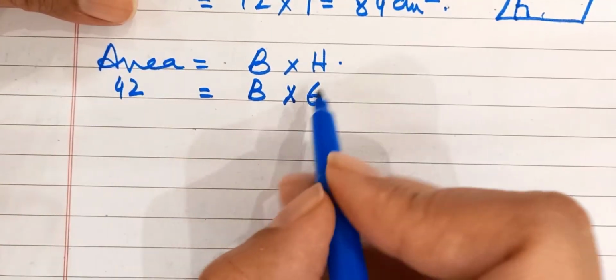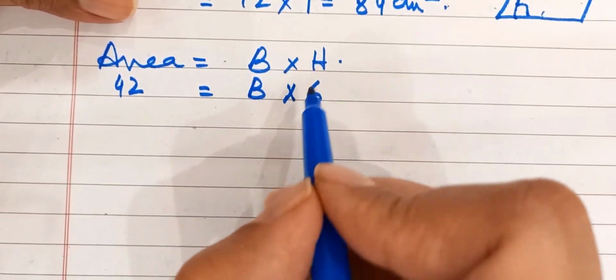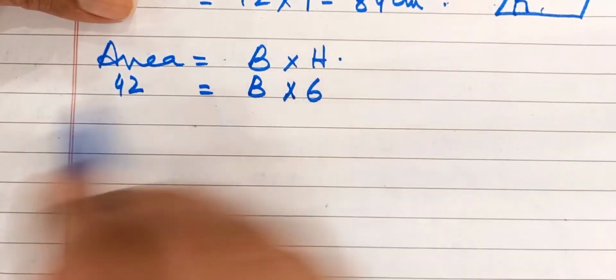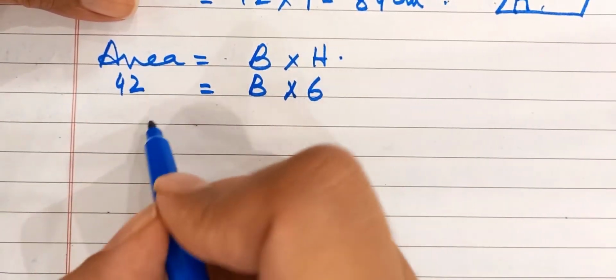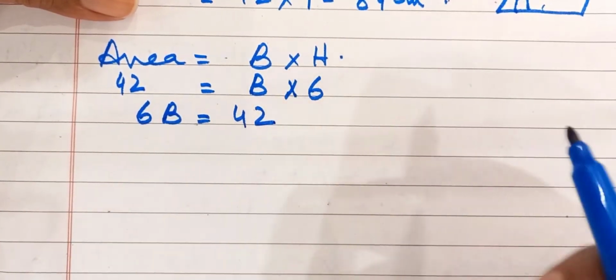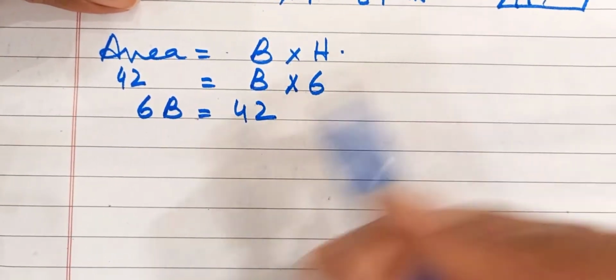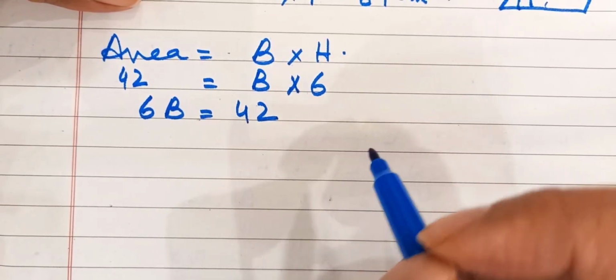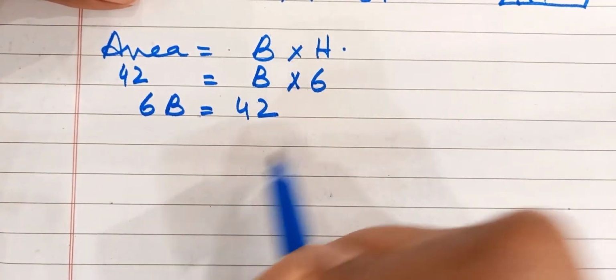I will swap it because it becomes easier to bring the unknown to the LHS. So it will be 6b is equal to 42. In swapping, the sign doesn't change. LHS becomes RHS and RHS becomes LHS.